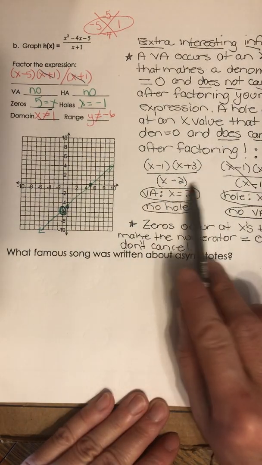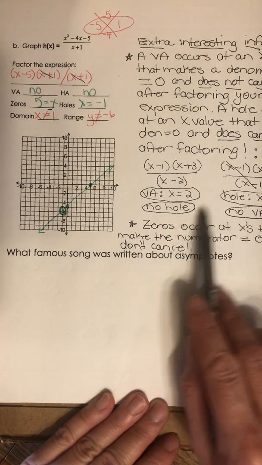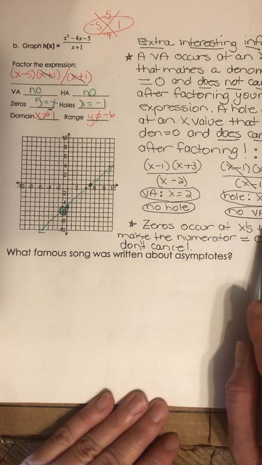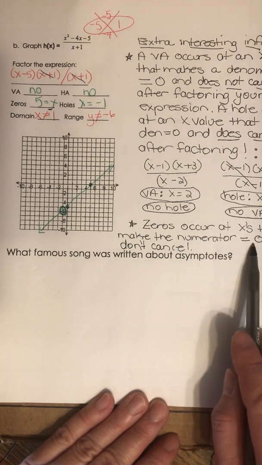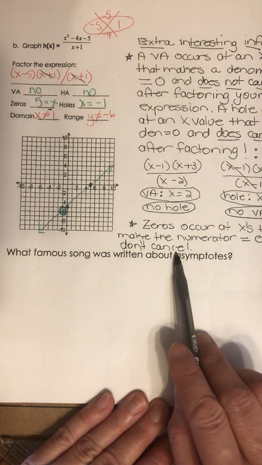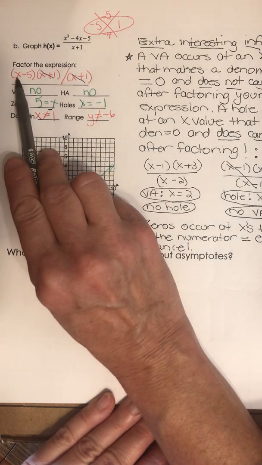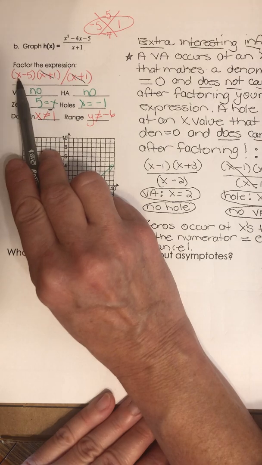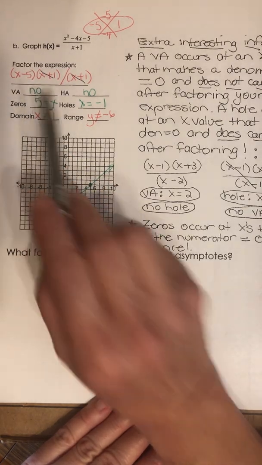So looking at the function itself, you can see where VAs are and where holes are. Zeros occur at x's that make the numerator equal to 0 and don't cancel. So take a look at our function. If you put a 5 into the numerator, 5 minus 5 is 0. Notice that's where we found a zero.